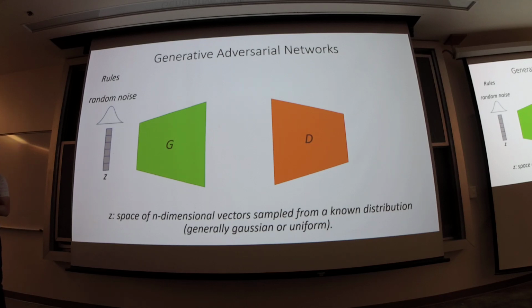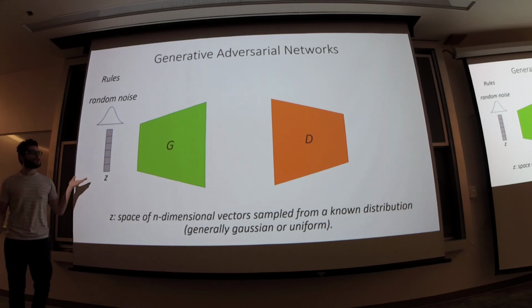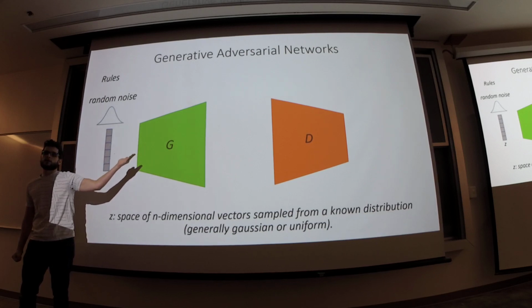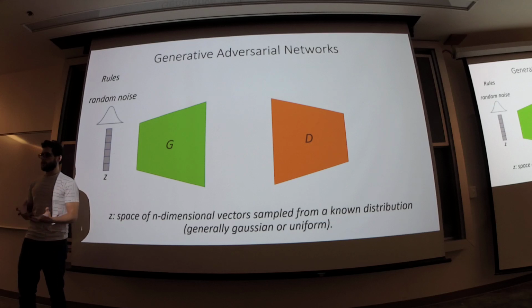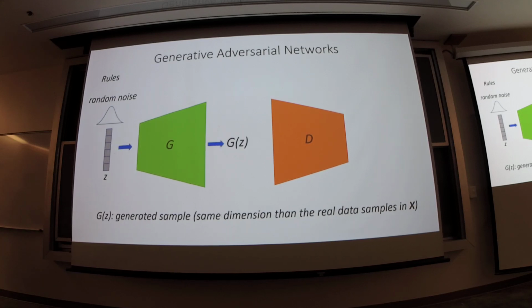So what we want to do is transform this distribution that we know to the target distribution, the one that we cannot directly manipulate. So starting from this Z, which is a known distribution, we obtain this G of Z, which is a generated image.